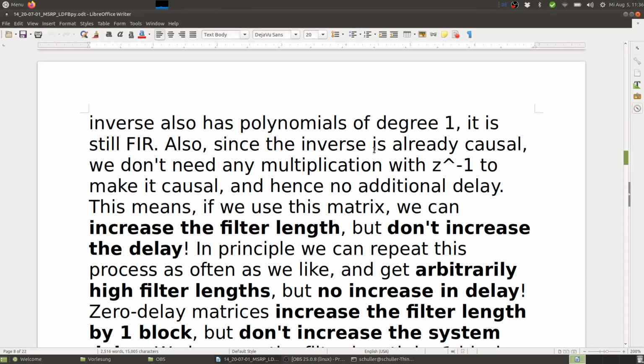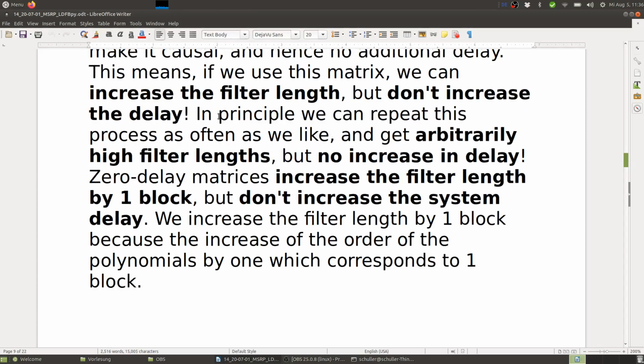Also, since the inverse is already causal, we don't need any multiplication with z to the minus 1 to make it causal, and hence no additional delay. This means if we use this matrix, we can increase the filter length, but don't increase the delay. So that's pretty nice. In principle, we can repeat this process as often as we like and get arbitrarily high filter length, but no increase in delay.